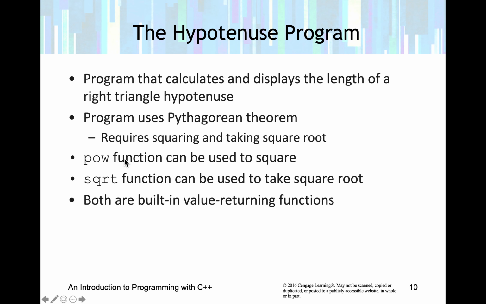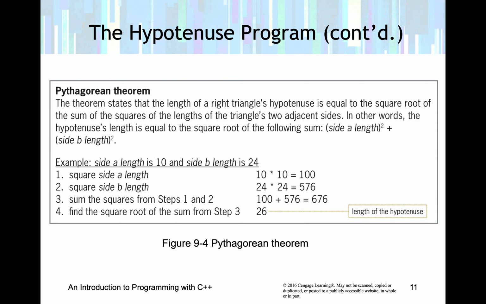So we're going to use the power function and the square root function, both of those. The Pythagorean theorem, if you remember, states that the length of a triangle's hypotenuse is equal to the square root of the sum of the squares of the lengths of the triangle's two adjacent sides.